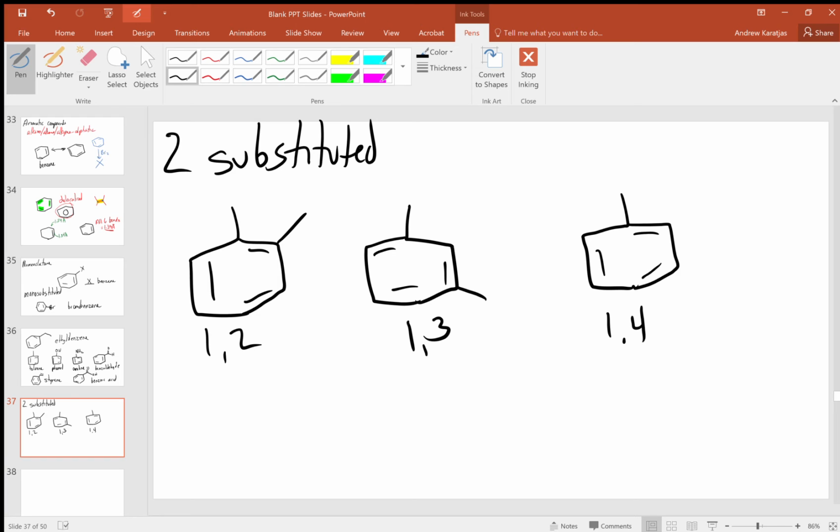If we go over to the next carbon and try to say that that's 1,5, we would want to circle the other direction, and 1,5 would just be the same as 1,3.